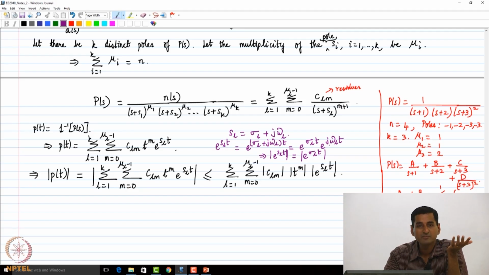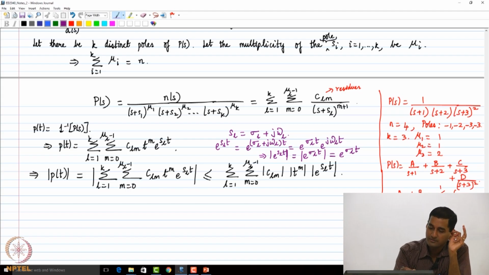Because the magnitude of e power j omega l t is 1. And the magnitude of e power sigma l t is anyway e power sigma l t, because the exponential term is non-negative. It can asymptotically go to 0, but I just remove the absolute sign. Is it clear how we got this simplification? So we are almost there.